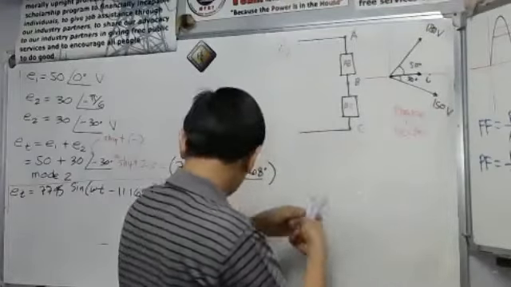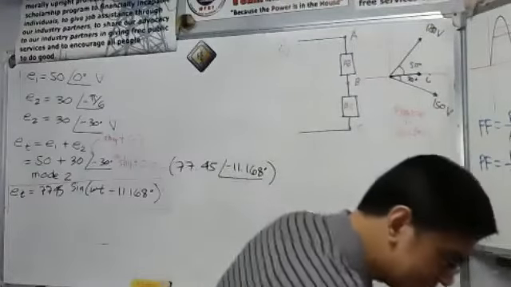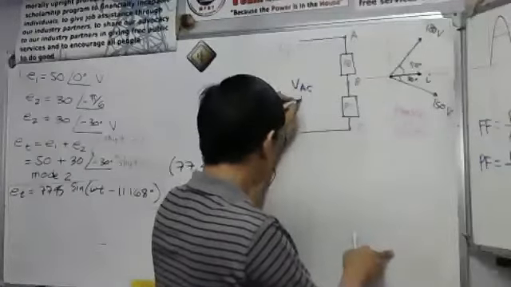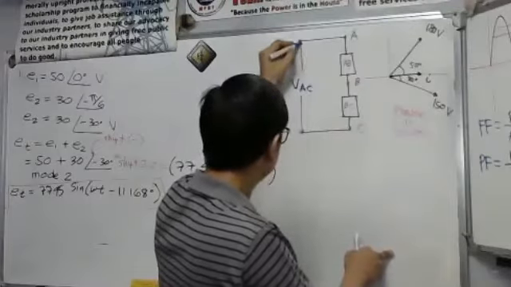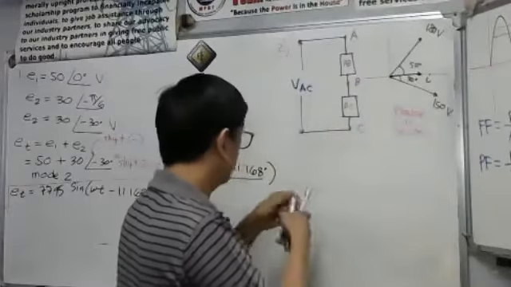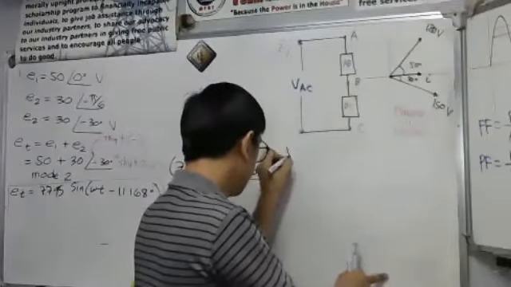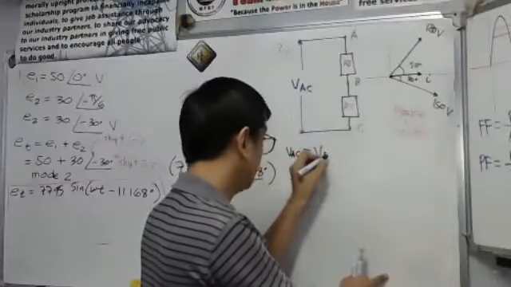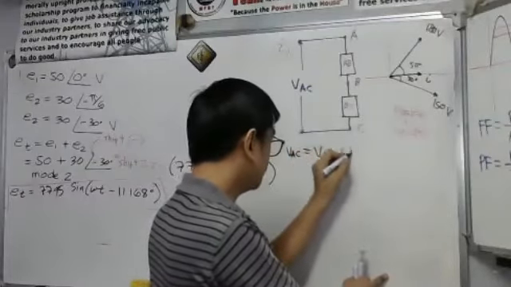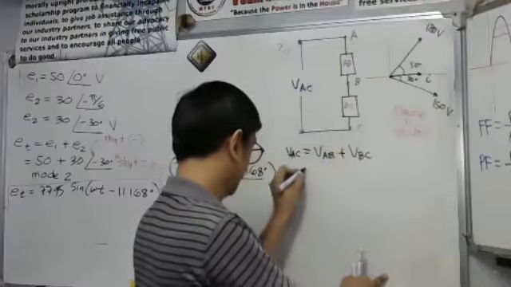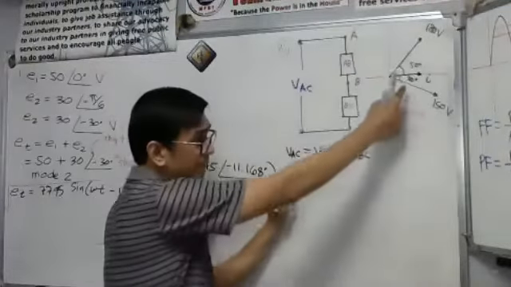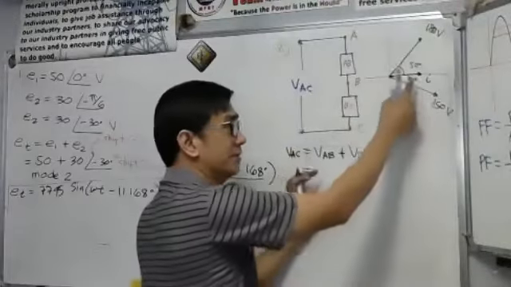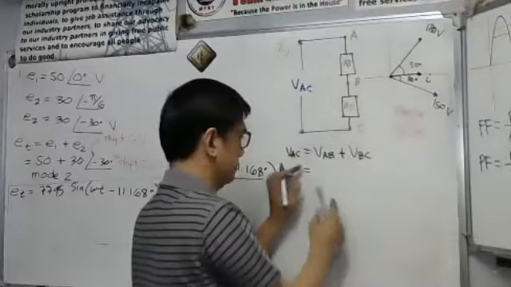So, this is VAC. Meaning, if you have a voltmeter here, okay, guys. We have here our VAC that is equal to VAB plus VBC. Let's do this by advanced mathematics or by polar form.